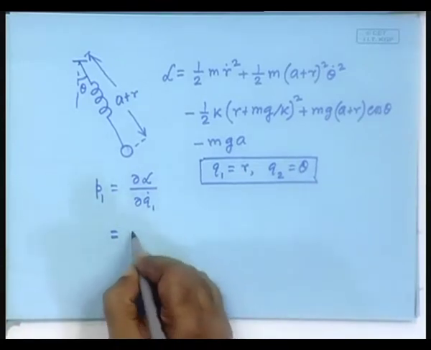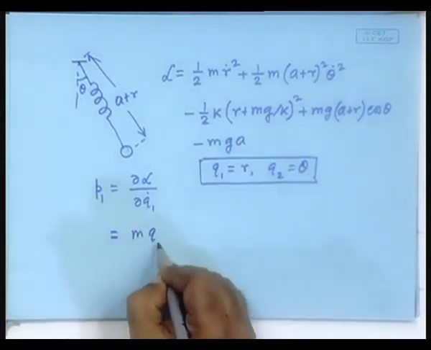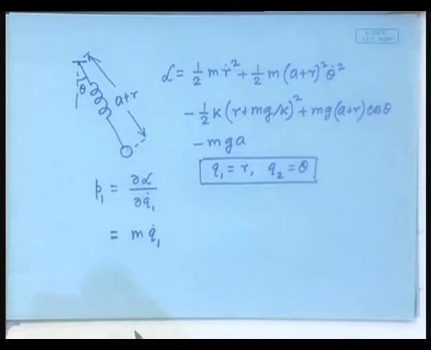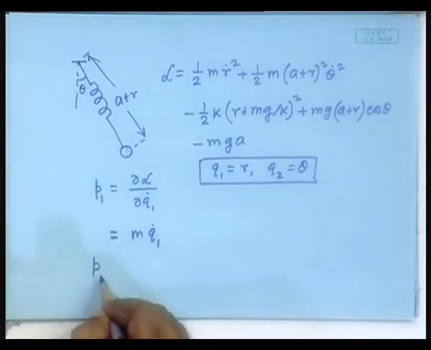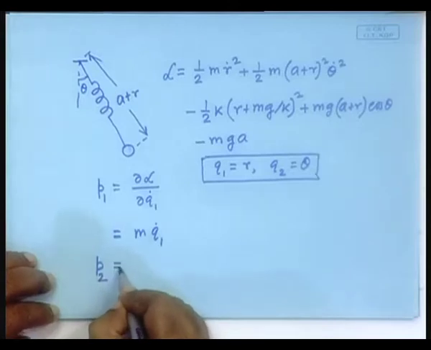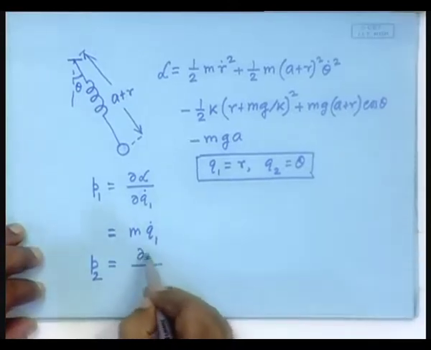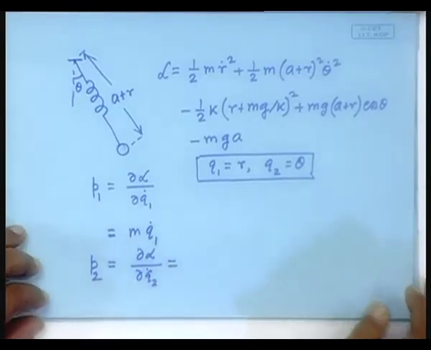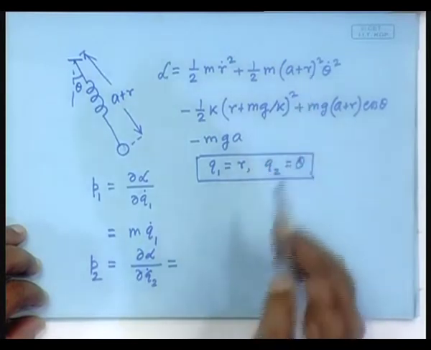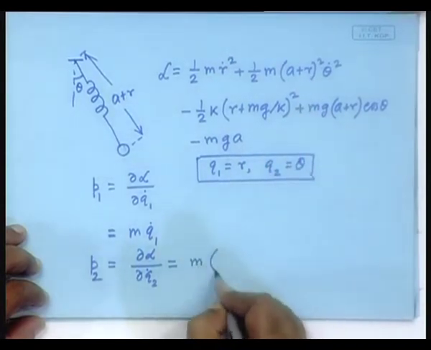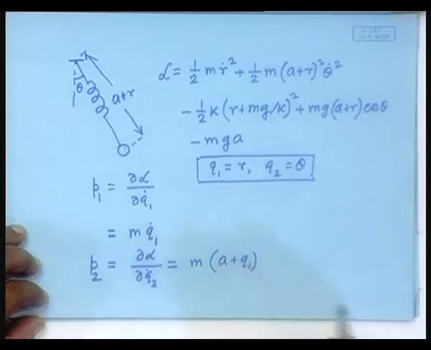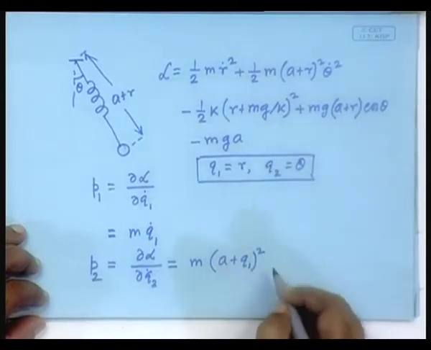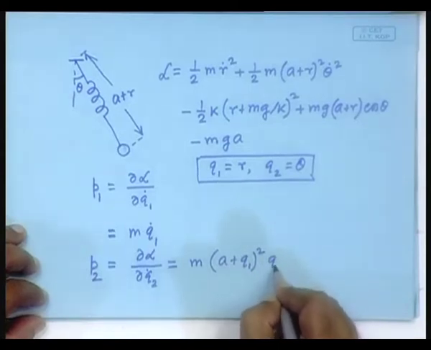So, this is m Q 1 dot, right. So, that is the momentum in the first coordinate, and in the second coordinate the momentum is m (A plus Q 1) square into Q 2 dot.